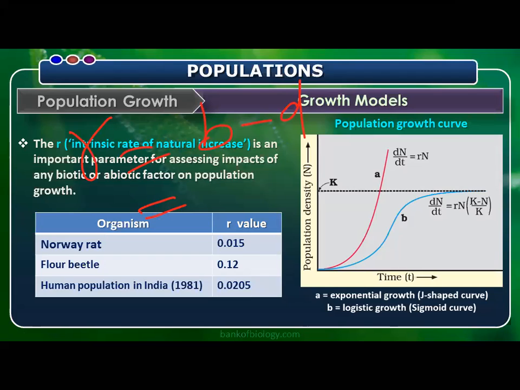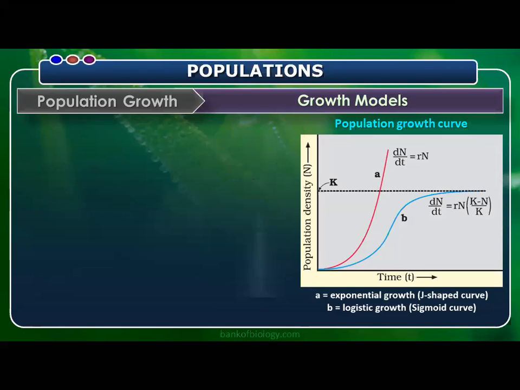So the R value is 0.015 for the Norway rat, 0.12 for the flour beetle, and in 1981 the R value is 0.0205. In simple terms, if the R value is negative, we say the death rate is more than the birth rate.